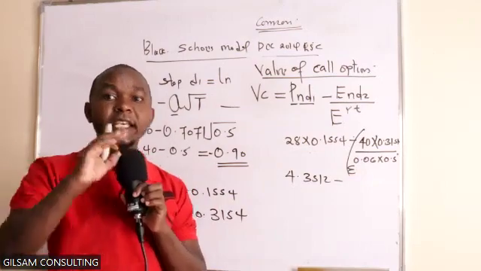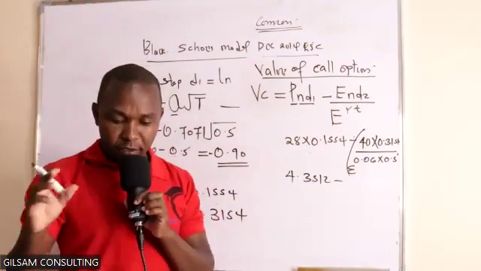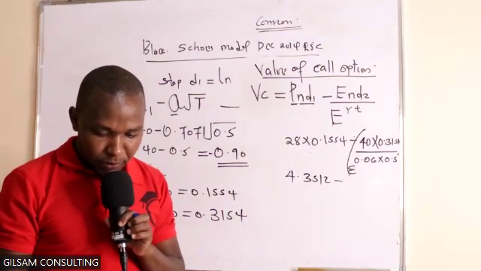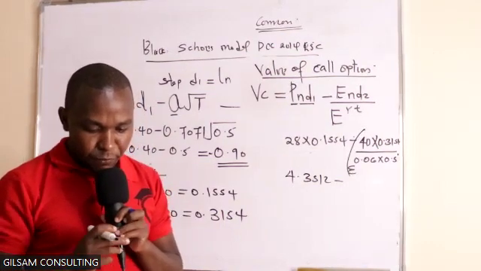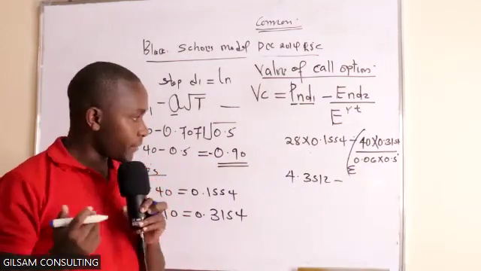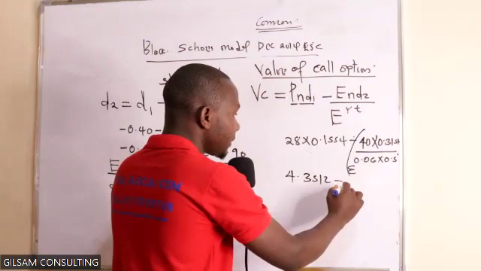It gives you e raised to; then you type 0.06 times 0.5, which will give you 1.03005.